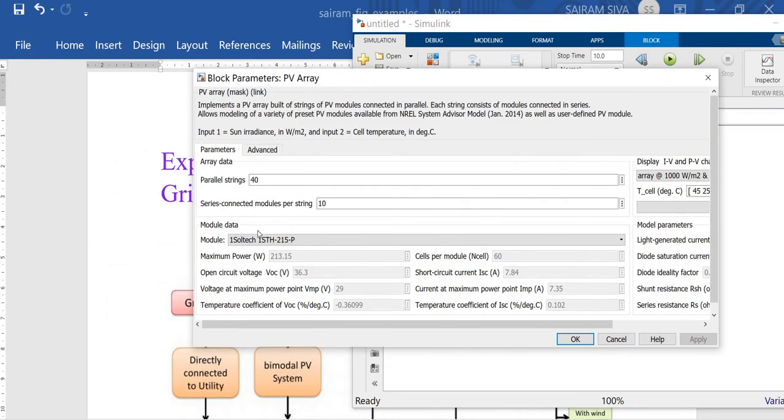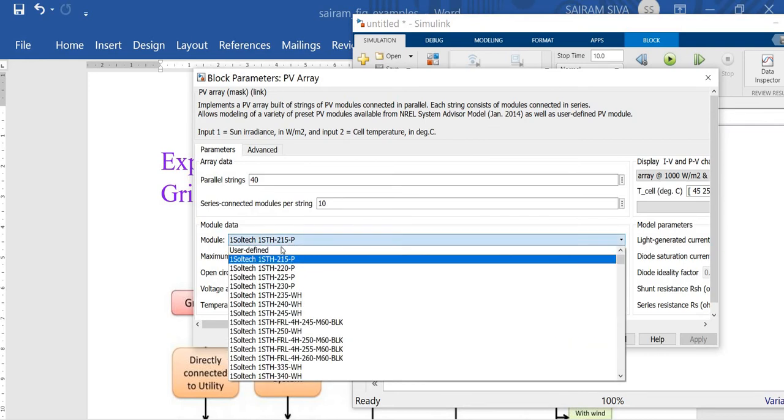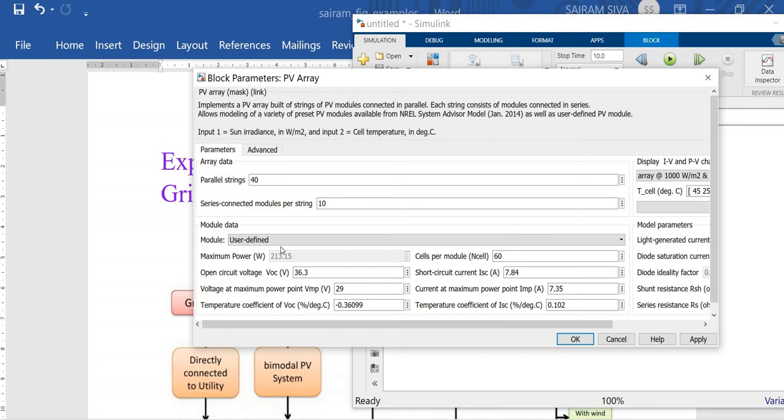In the earlier case, I fixed a 10 watt panel into number of strings and number of rows. Different things we are going to see. The model is an already existing model, but now I am going to select the user defined model.